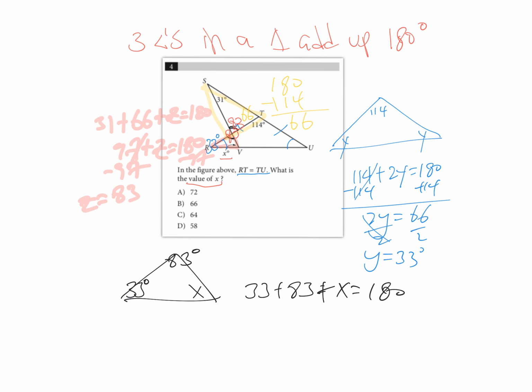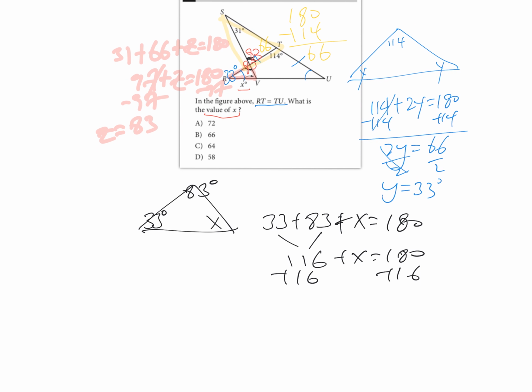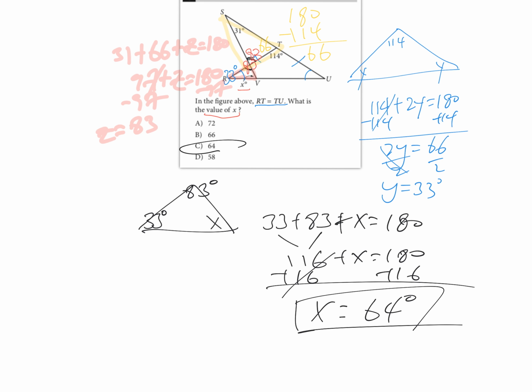So combine like terms here. 116 plus X equals 180, minus 116 to both sides. So X is going to be equal to 64 degrees. And therefore our answer is C.